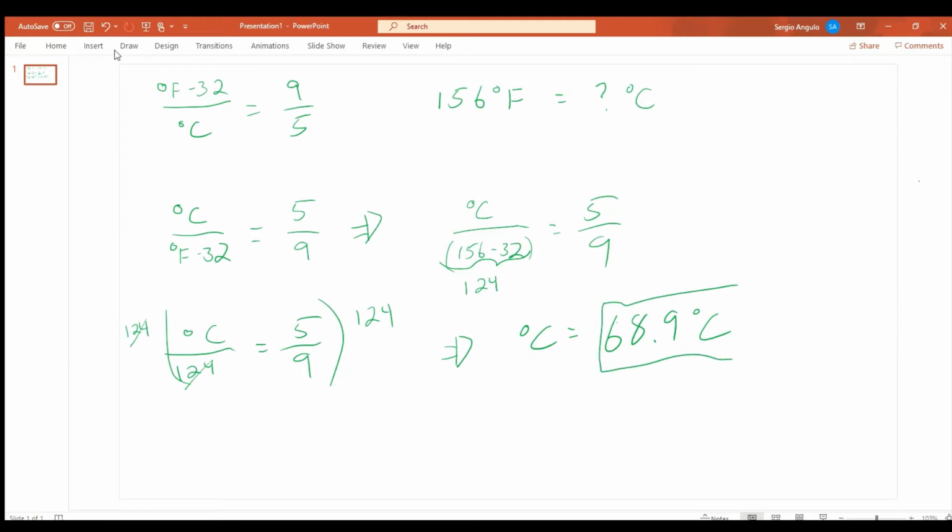And there is your temperature: 68.9 degrees Celsius is 156 degrees Fahrenheit. So you're going to get a worksheet where you're given a Fahrenheit or Celsius temperature. If you're given a Fahrenheit temperature, calculate Celsius like we did here. If you're given a Celsius temperature, calculate Fahrenheit like we did in the previous sample.